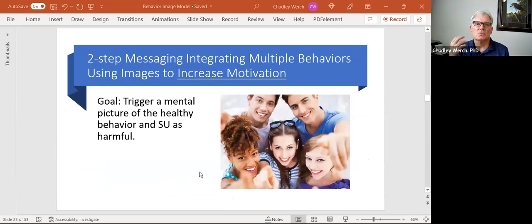And the goal here is to what we call trigger or cue, unconsciously, images of young people, particularly of themselves in the future, desired future images. This is going to increase motivation for change. They're going to compare their behaviors to a desirable future image and behaviors.